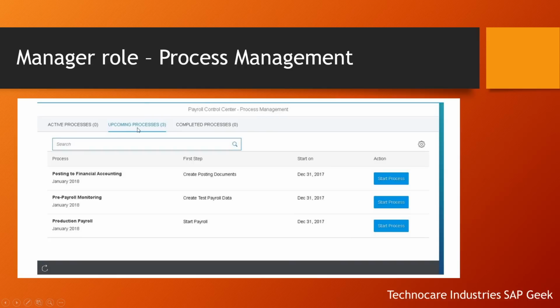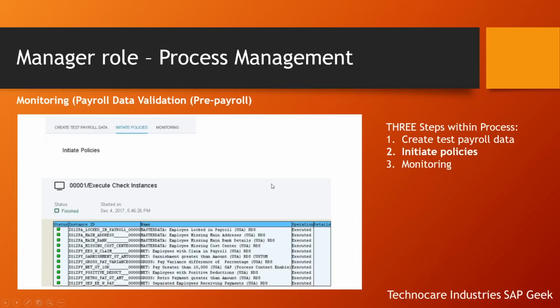In that there were upcoming processes. There were three kinds of processes: pre-payroll, production, and posting to financial accounting. We have seen pre-payroll monitoring and we have seen production payroll. Now we are seeing an example of posting to financial accounting. So what kind of screen will be present for the payroll manager once he clicks on the start process button for posting to financial accounting, right?